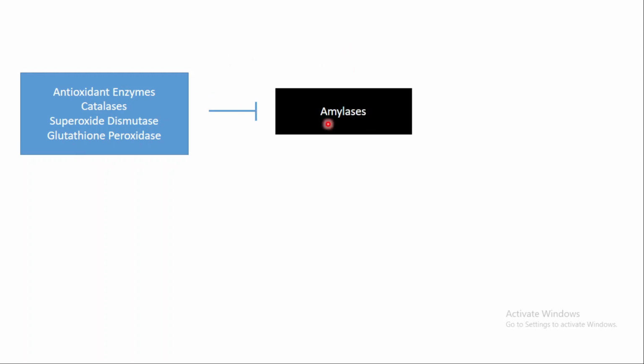And I have prepared a schematic for easy understanding of CeO2 nanoparticle. So in the natural case, we have antioxidant enzymes such as catalases, superoxide dismutase, glutathione peroxidase. These are natural enzymes present in the plant or in the seed, antioxidant enzymes. These inhibit amylases.